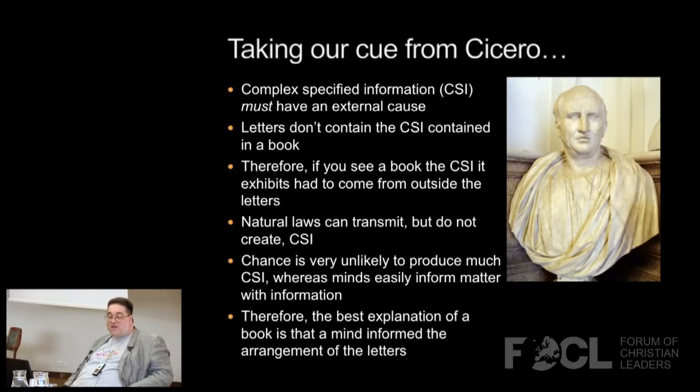Indeed, chance is very unlikely to produce much of that kind of information. Whereas we do know that minds easily inform matter with complex specified information. Therefore, the best explanation of a book, say, is that a mind informed the arrangement of the letters, informed the arrangement of the ink on the paper to communicate the information that's contained therein.